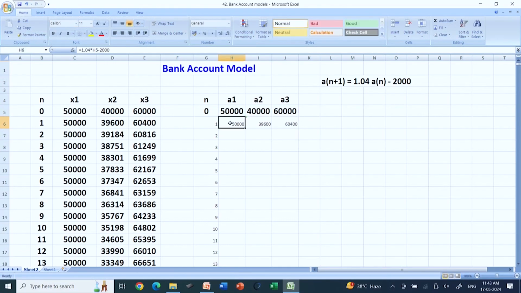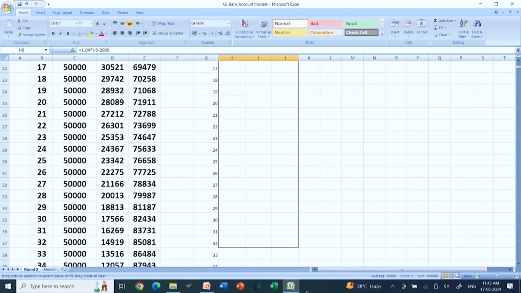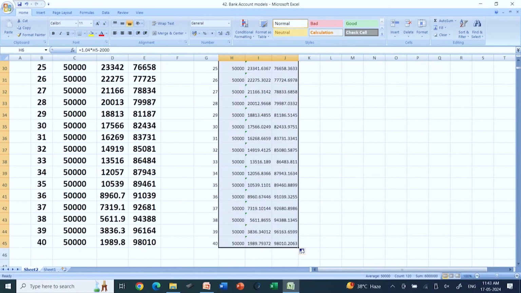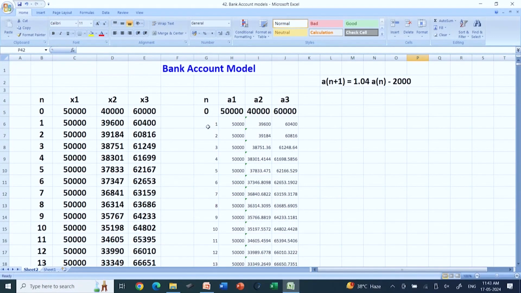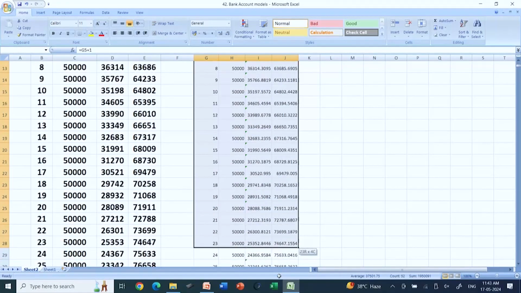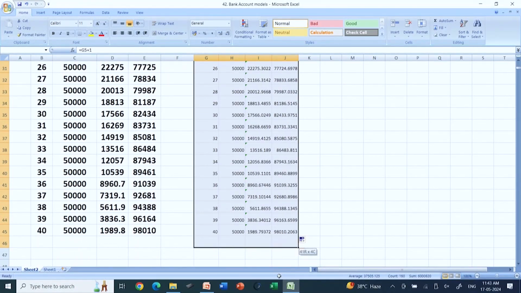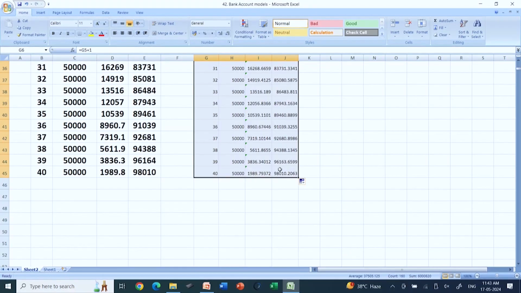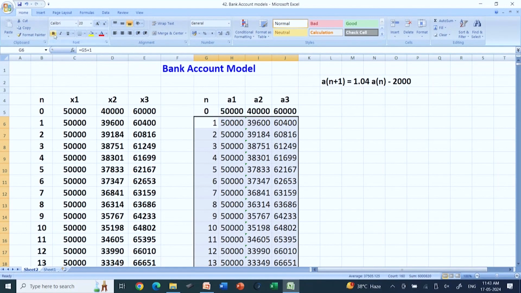So, let me calculate the next 40 values. You just drag them. Let me increase their font size, say 20, make them bold and make them in the center.